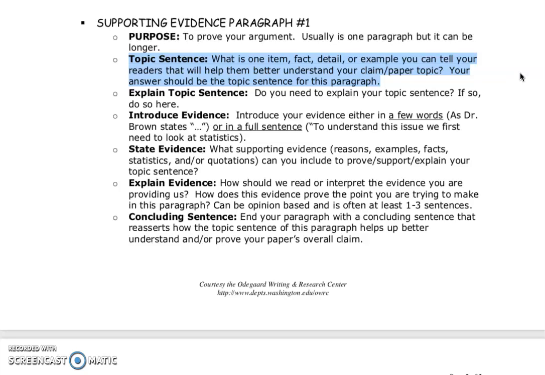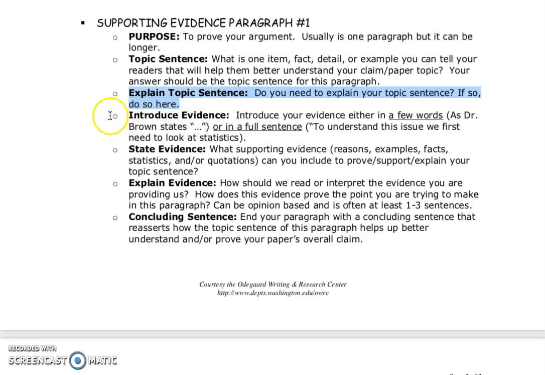Now your job will be to create statements from those questions. Now you're declaring a statement, and then you're explaining what you mean by that. There's a little bullet point here for explain your topic sentence. If your topic sentence needs more explanation, then of course you should follow up with that. You may or may not need to do this depending on how direct and narrow your topic sentence is. If it's a little more broad, you may need to break it down for us.